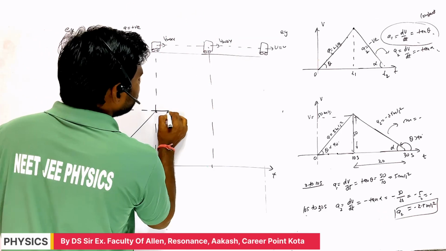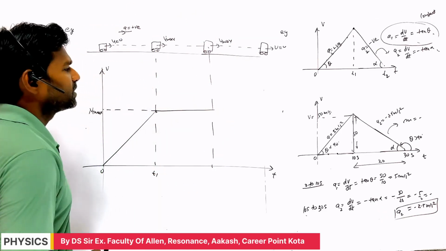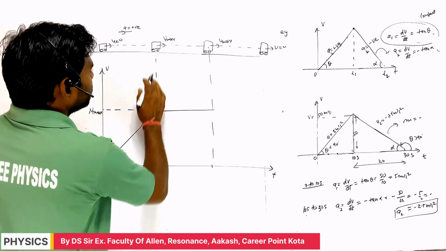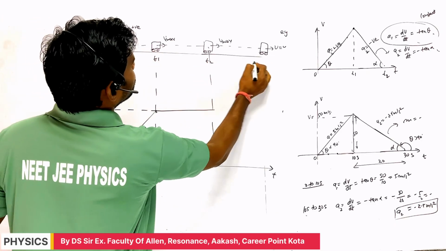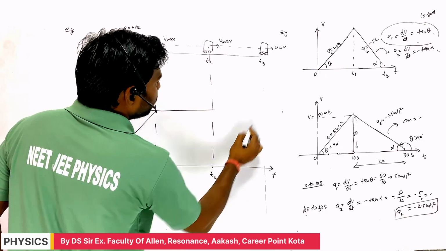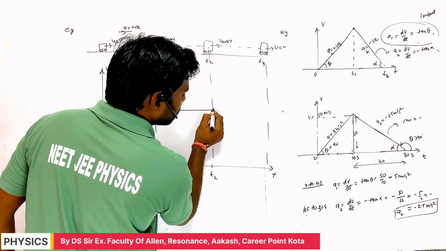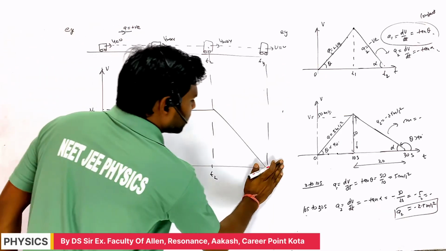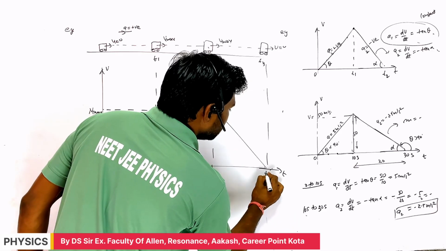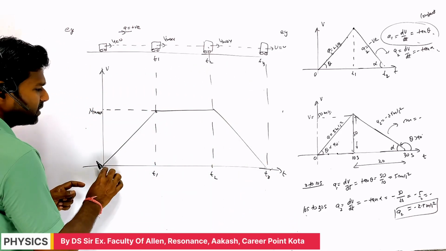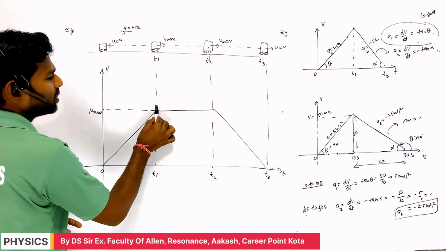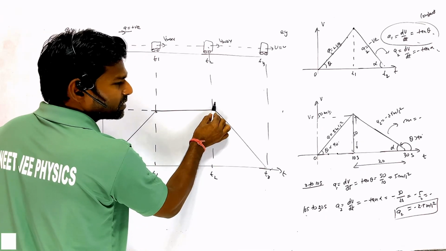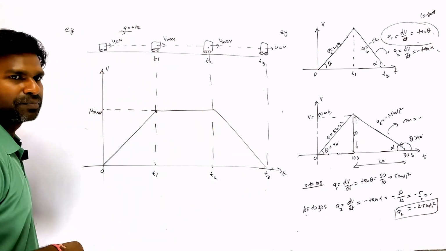It will continue to move with the same velocity from t1, t2, and then t3, and finally the train comes to rest at time t3. So you will say this is the accelerating phase, this is the constant velocity phase, and this is the retarding phase.